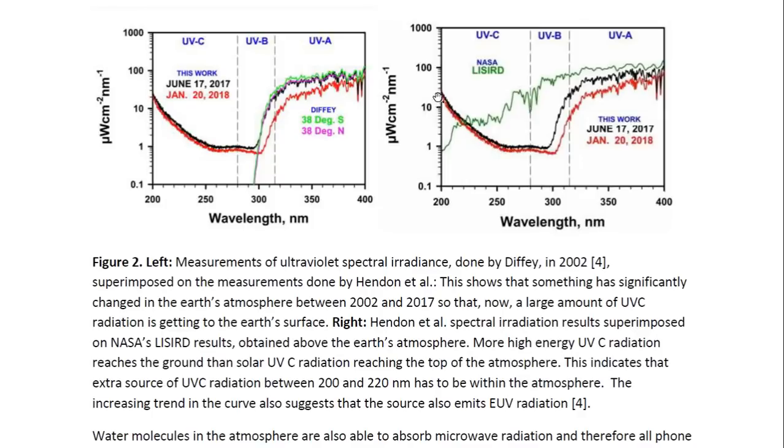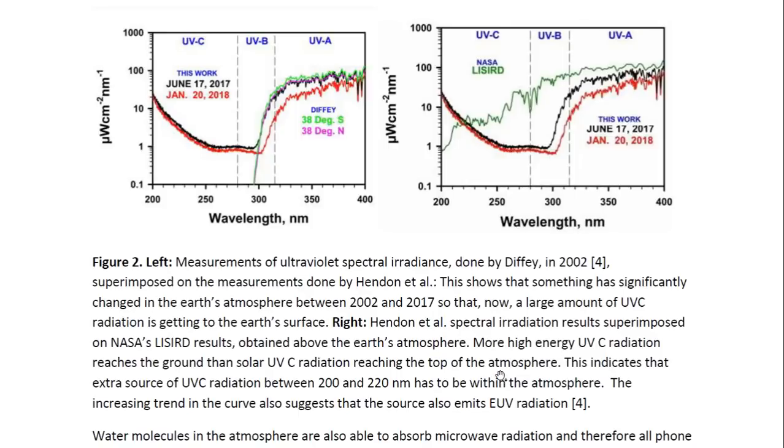There is no way that this radiation comes from the sun, because the sun does not even emit that amount in order for that much to reach the surface of the Earth. As you can see, it was much less.